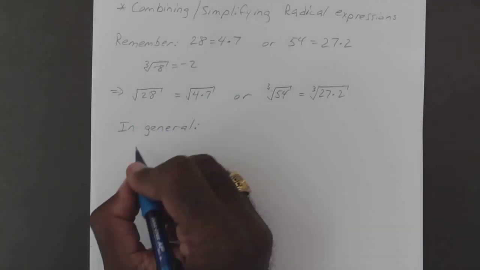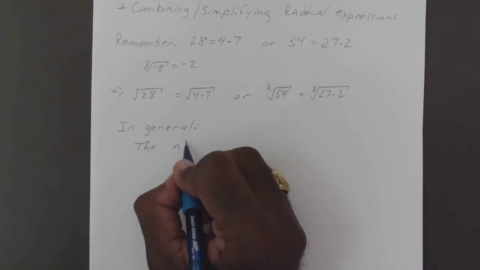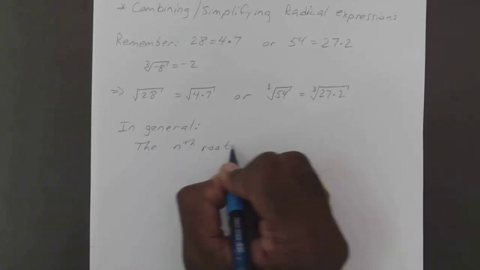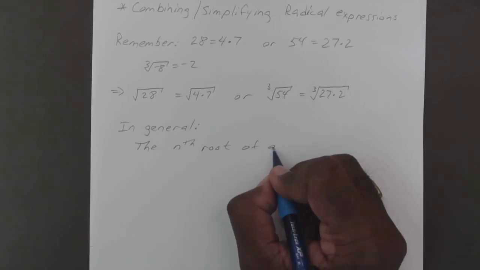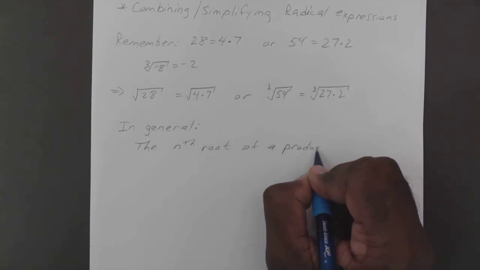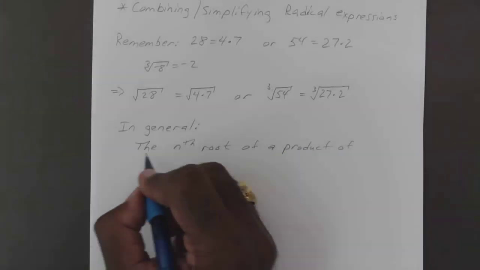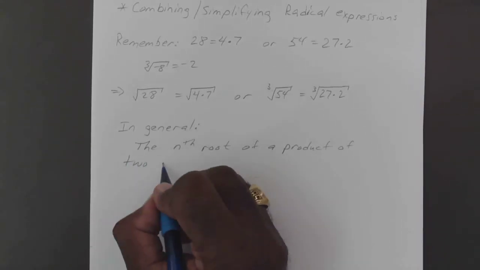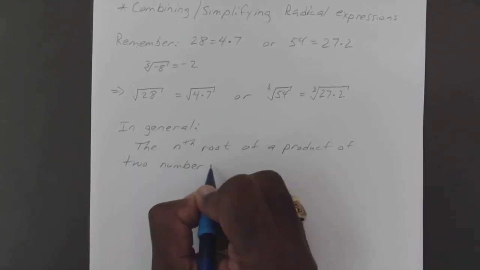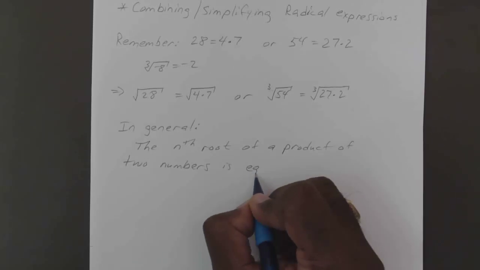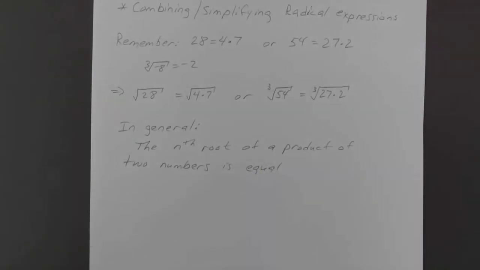Okay, so in general, the nth root of a product of two numbers is equal to the product of their nth roots.